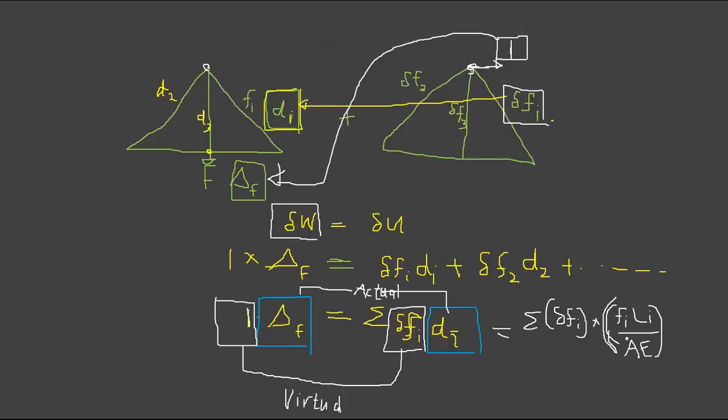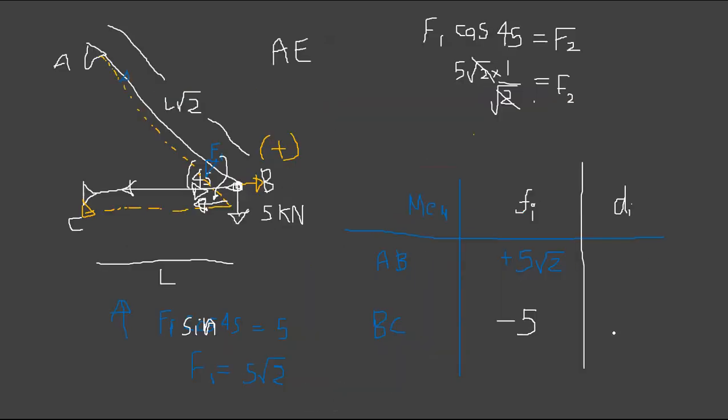So you remember delta_i is FL over AE. So we'll consider this is going to be 5 over 2 into L squared over AE, right? So that's going to be 10 L over AE.